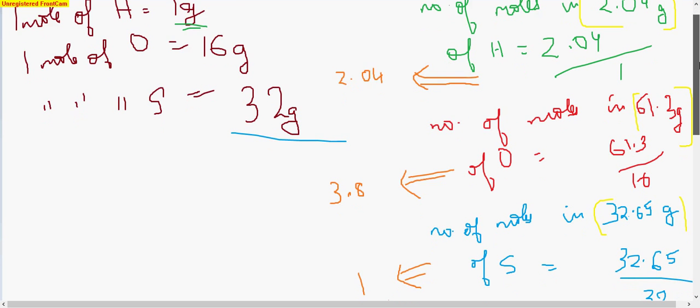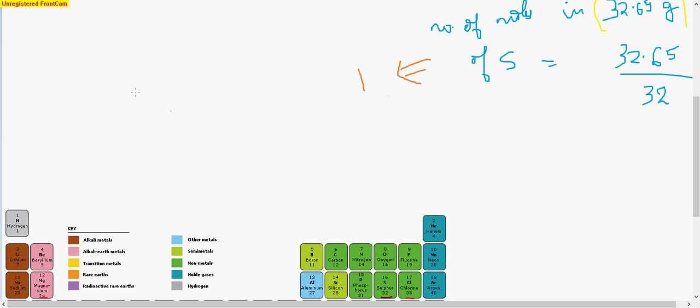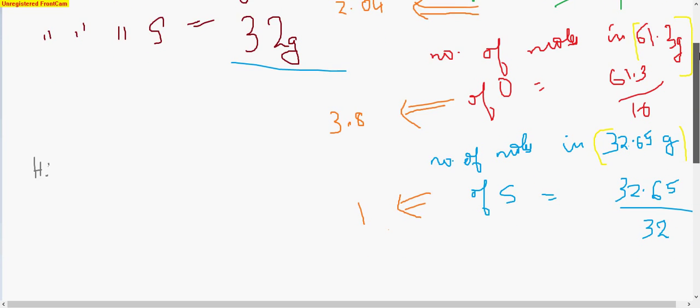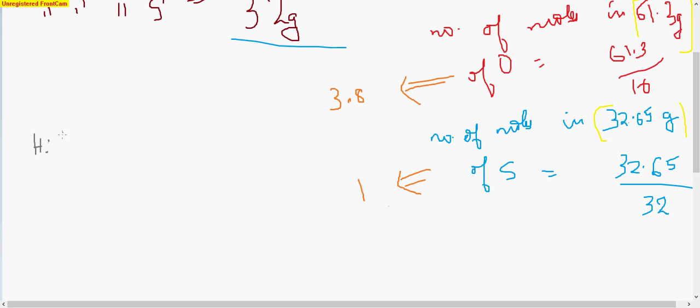Okay, what is the ratio of number of moles between H is to S is to O?